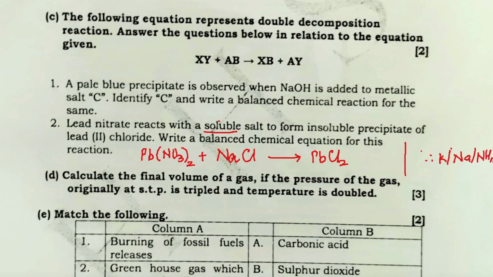K, Na, NH4 salt. Okay, this you have to keep revising because chemistry can be very confusing if you don't remember that. Now, if you do double decomposition, what will I get? PbCl2, so I'll write 2 here to balance Cl. Then 2Na and 2NO3. What will I get?